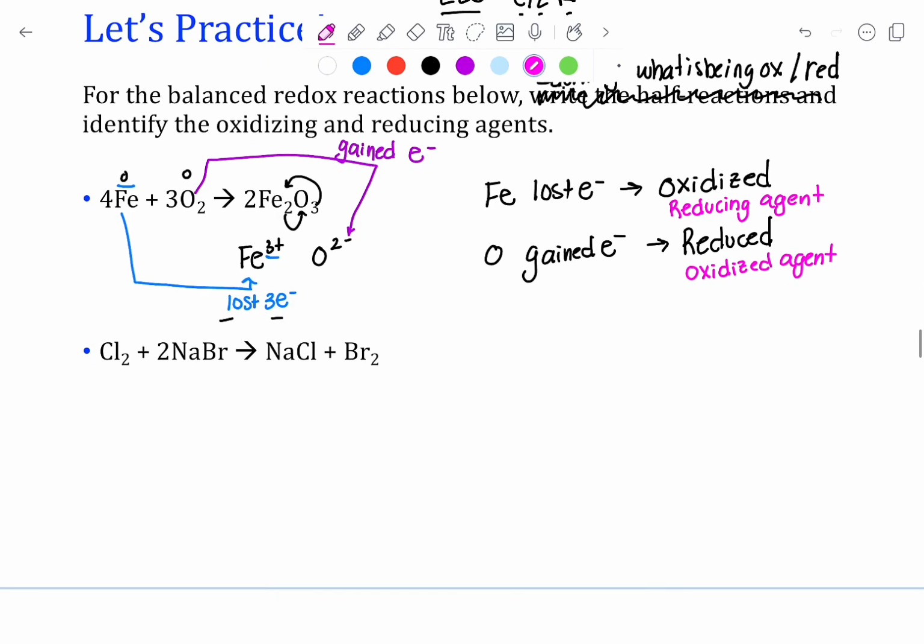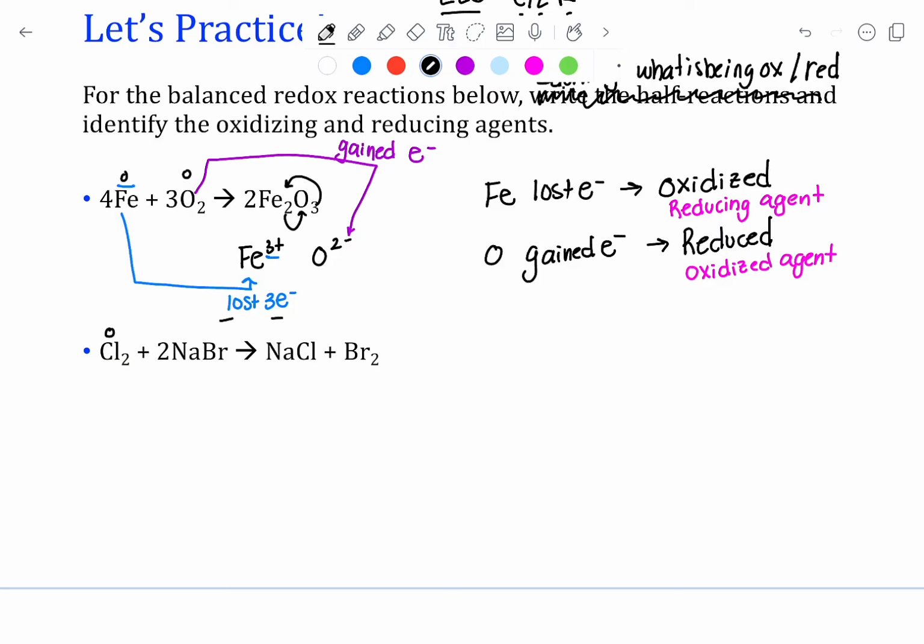Our next example is then Cl2 reacting with sodium bromide, creating sodium chloride and bromine. Well, we have to look at our charges first. So we have chlorine gas, Cl2, and since that's its elemental form of chlorine, it has a charge of 0.